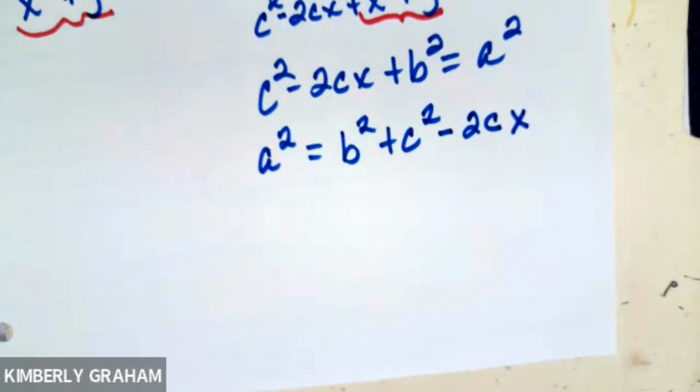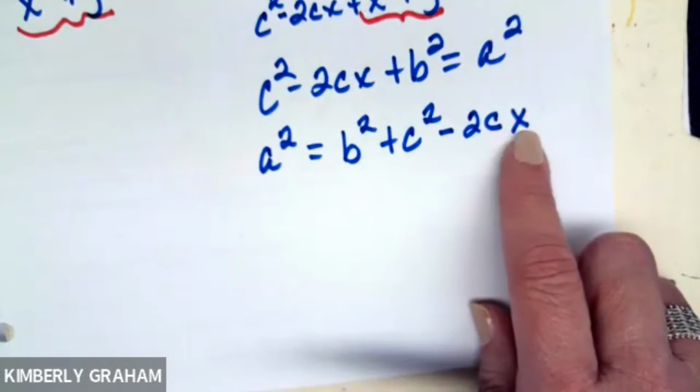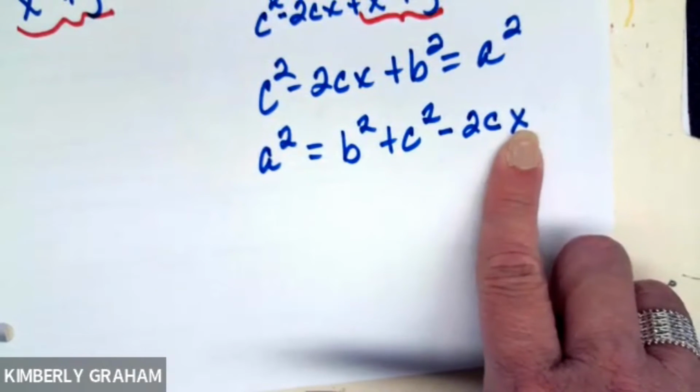I don't want to have an x in this problem. I want everything to be in terms of the lengths of my original sides, lowercase a, b, c, or one of my angles, uppercase A, B, C. So the only thing I have to do is to get rid of this x.